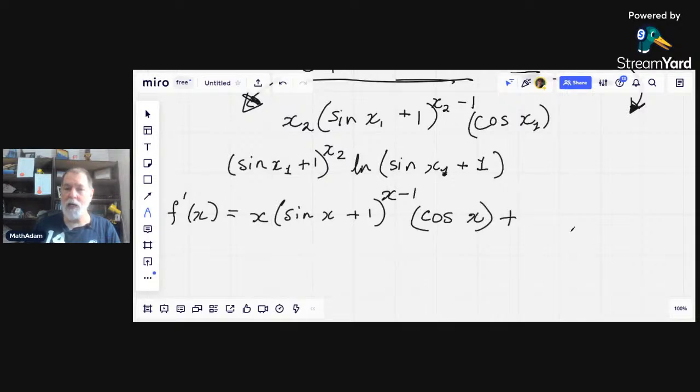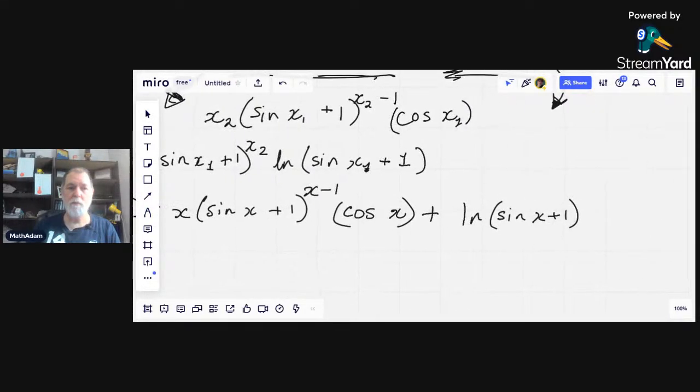And then we're going to add that to the logarithm of sine of x plus 1. And I'm going to put what we're multiplying the logarithm by up here as an exponent. So that's going to be sine of x plus 1 all to the power of x. Okay, and that's our general derivative.